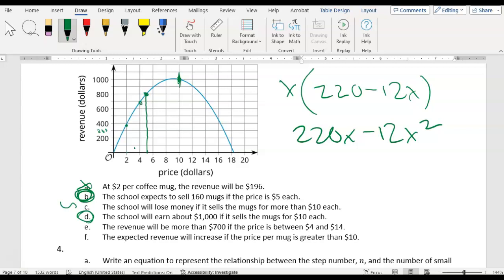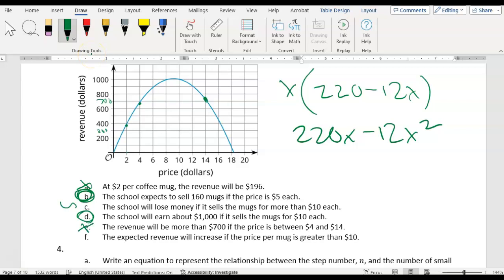The revenue will be more than $700 if the price is between 4 and 14. Let me erase these other points just so it's easier to see. So between 4 and 14, the revenue will be more than $700. At 4, it honestly looks like it's just under 700. Let's take a look. Yeah, that is just under 700.